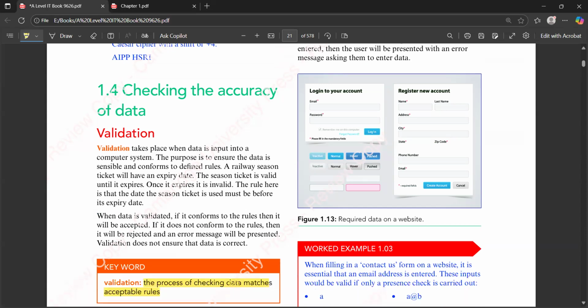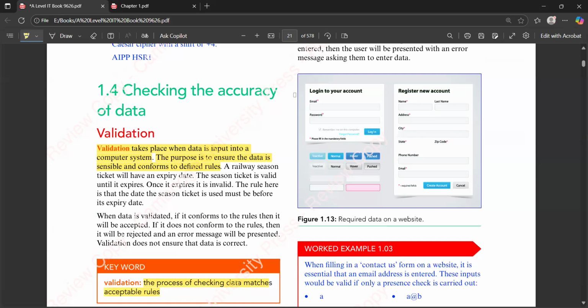Yes, sir. For example, when your data is input into a computer system, the purpose of validation is to ensure that your data is sensible and conforms to a number of rules. For example, a railway season ticket will have an expiry date.